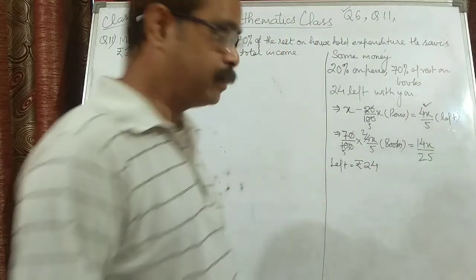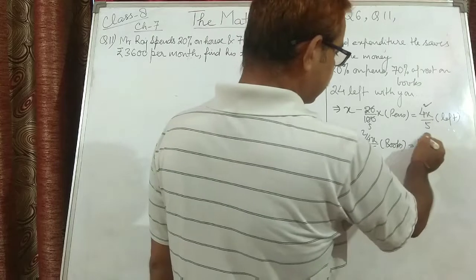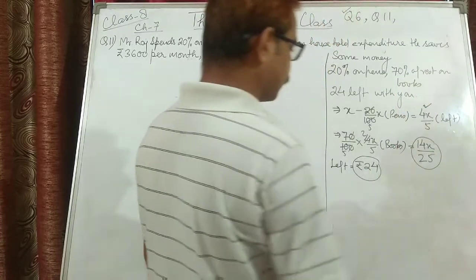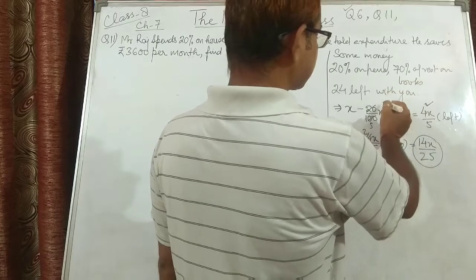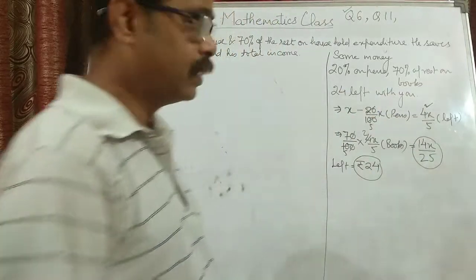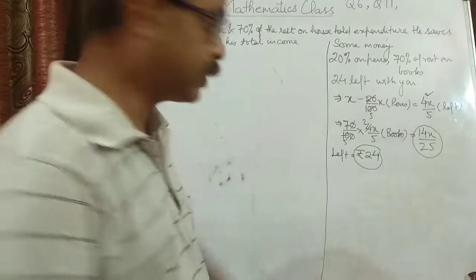It means this money left with you, this money spent on books, and this money spent on pens, the total should be equal to the total money that you are having.